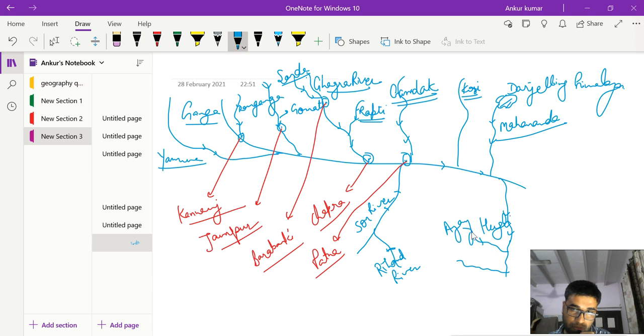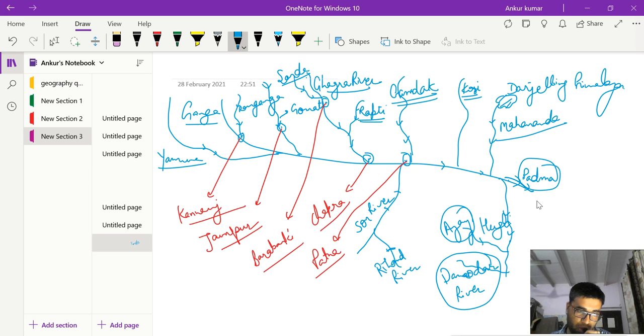So this is Ajay River, and this is Damodar River. After this point, Ganga is called the Padma. And when the Padma is joined by the Brahmaputra, then it is called the Meghna. That we will do in the Brahmaputra drainage basin. So these are the tributaries of the Ganga River.